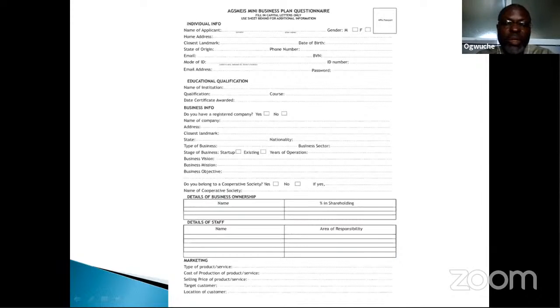So what does this represent? The vision of any organization, any business, is the larger picture of what that organization or business intends to accomplish. What's the larger picture of that business? Let's take the example of somebody who wants to go into poultry farming.